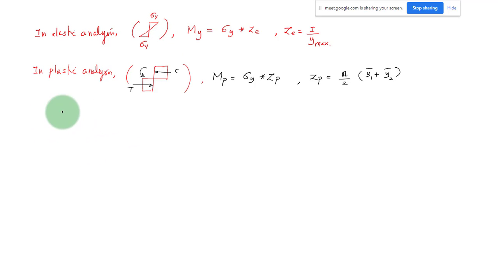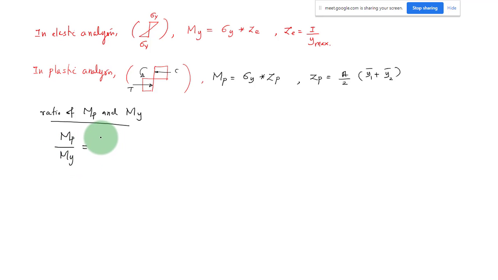Take the ratio of M P, plastic moment, and yield moment, or plastic moment and elastic moment, whatever you want to call it. If you take this ratio, what you will get is M P by M Y.